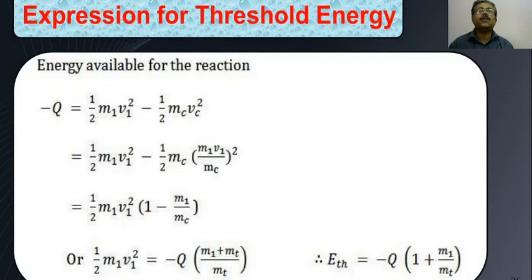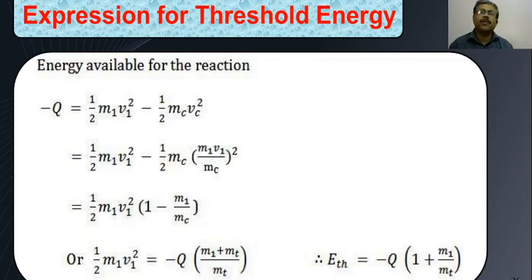Now, let us look for the threshold energy. We can show that it can be written as minus Q is equal to half m1 v1² minus half Mc vc². By substituting for vc and taking out m1 v1² by 2, we can arrive at a very simple relation for the minus Q value, and finally we can rewrite it in terms of half m1 v1².